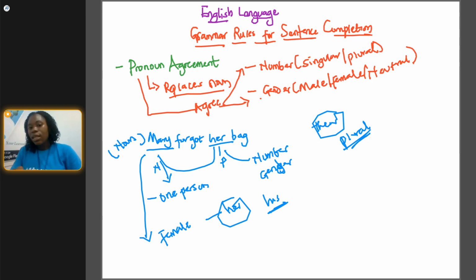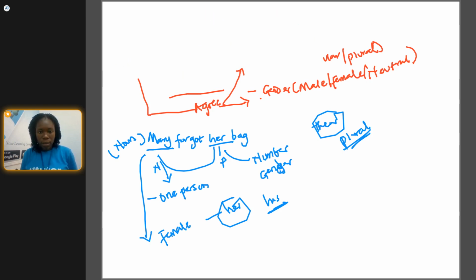All right. Now, there's usually a confusion that we're going to look at before we look at the next point. I'm going to wipe this up so that we take one example to explain that point. Now, when we talk about pronoun agreement, of course, we usually match the pronoun in number.